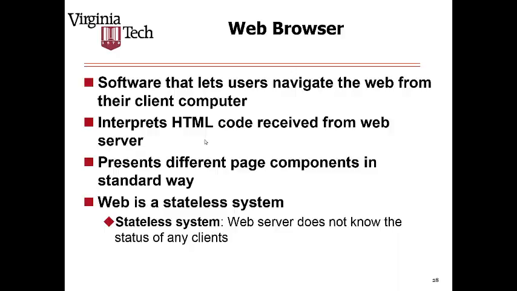The web server doesn't keep track of any of the things going on with the clients. In our group cognitive mapping system, the application we wrote was keeping track of all the clients that were connected and sharing information with all those clients. But the web browser was only there to get things started and to pass information back and forth.